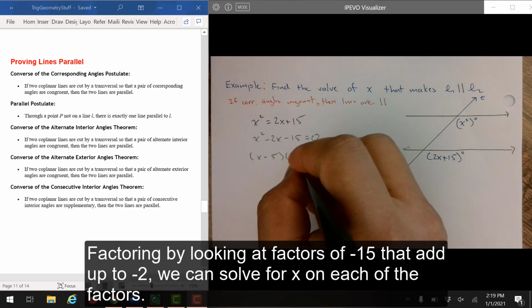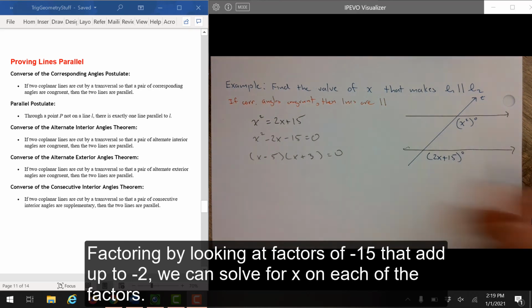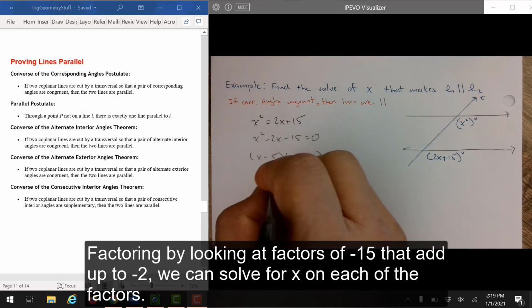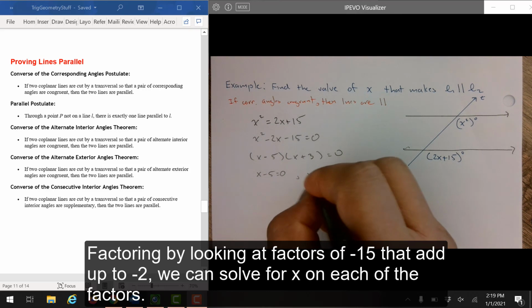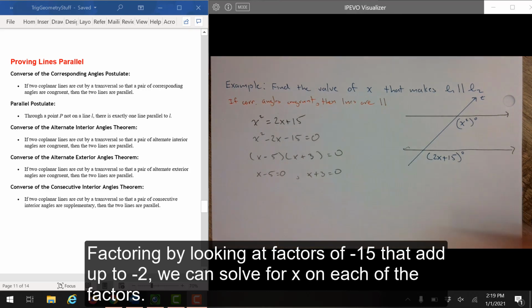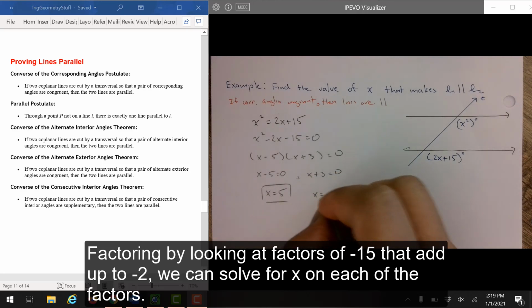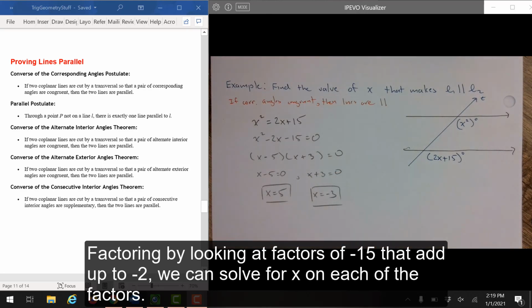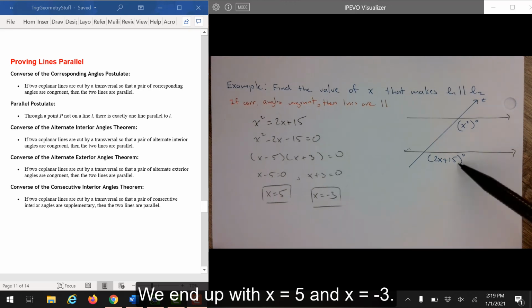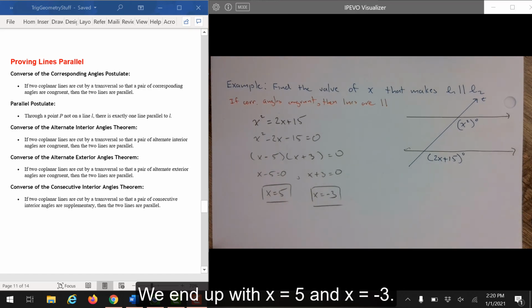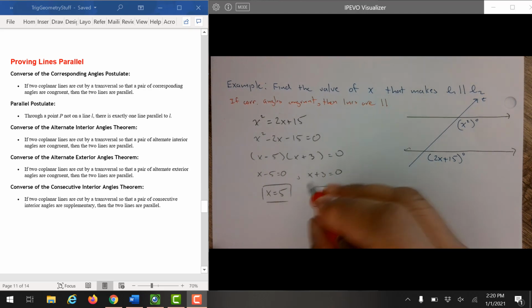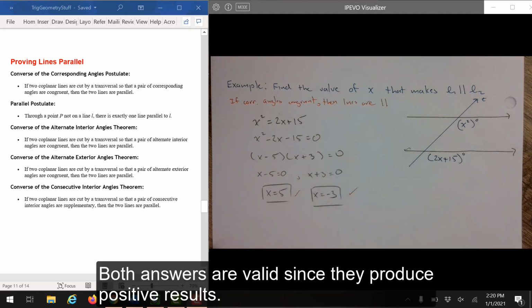Factoring by looking at factors of negative 15 that add up to negative 2, we can solve for x on each of the factors. We end up with x equals 5 and x equals negative 3. Both answers are valid since they produce positive results.